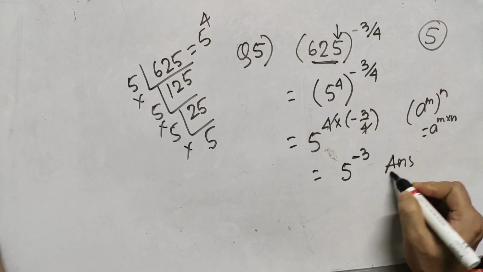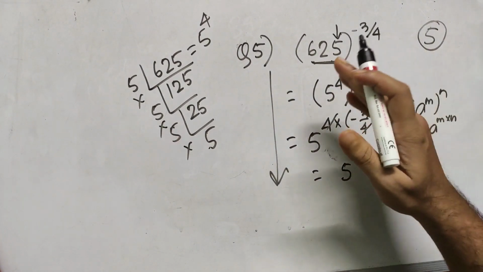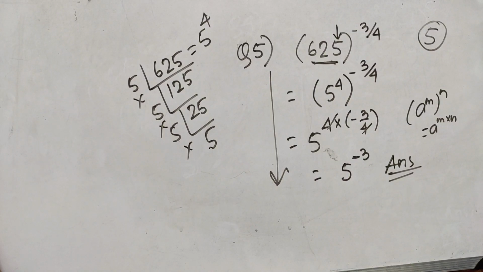This is your answer, and you have to follow this process when it's said that this number must be written as an exponential form of 5. Okay, let's do the next one.